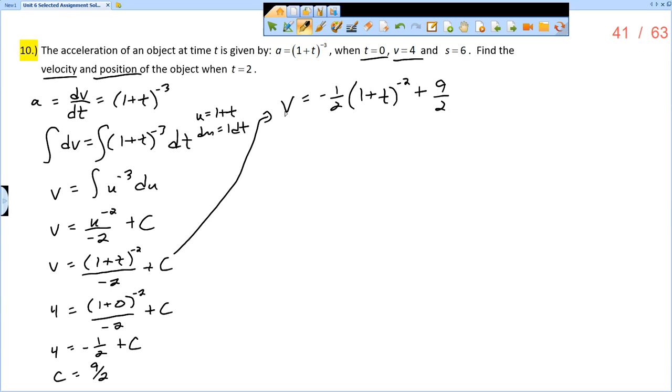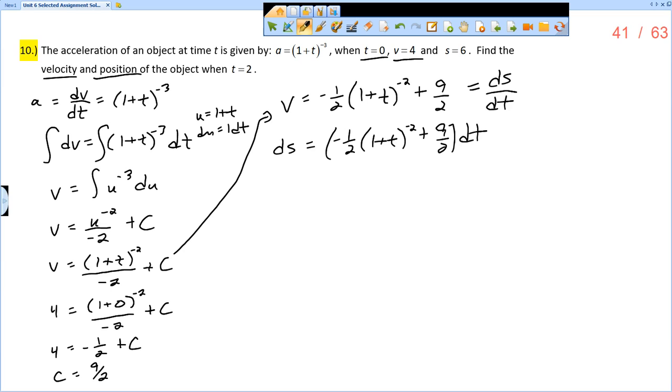But remember, v is really just the derivative of position, so ds/dt equals this. I'm going to multiply by dt to separate the variables. So I get that ds is equal to the quantity negative 1 half (1 plus t) to the negative second plus 9 halves, all times dt.